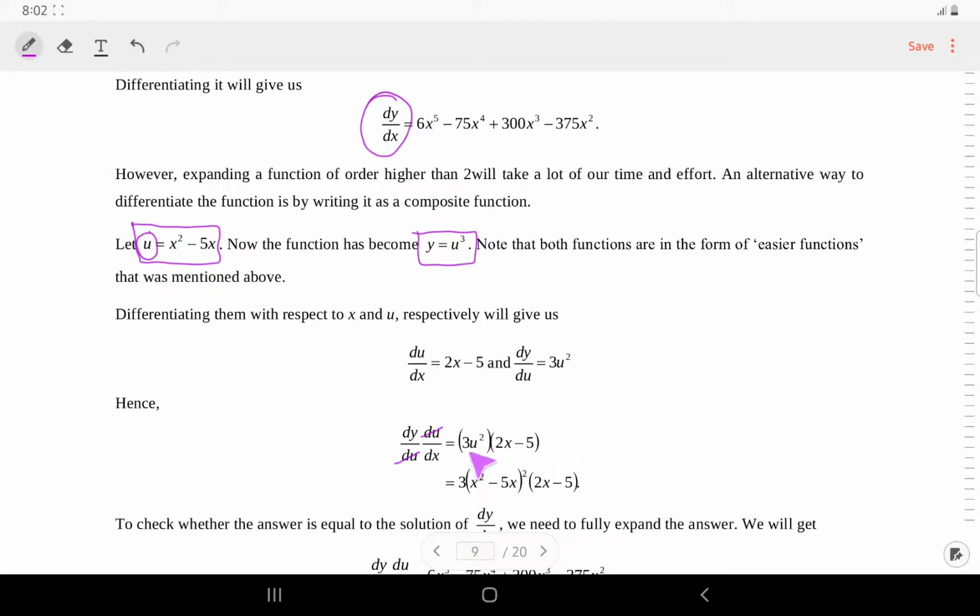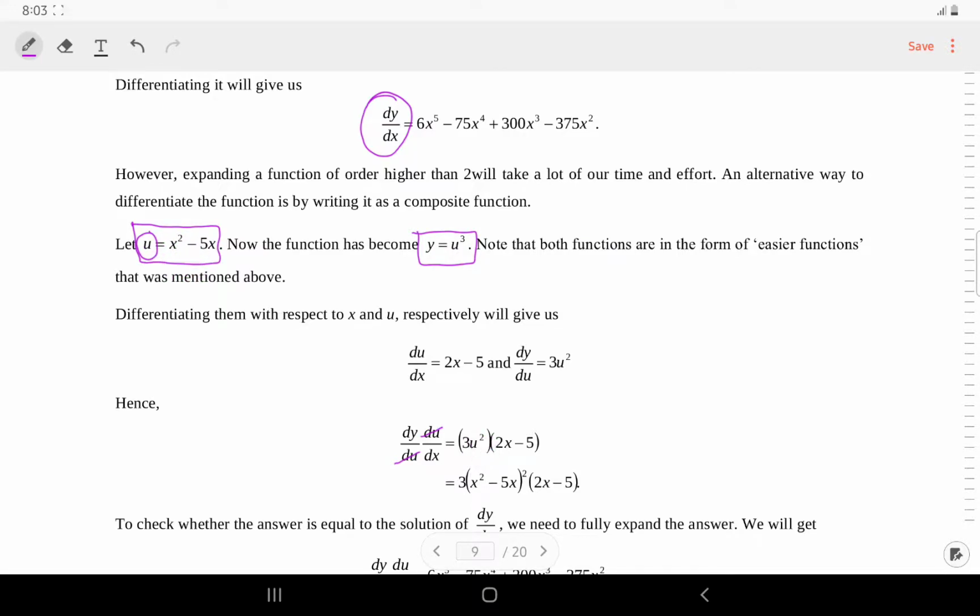So when we multiply these two differentiations, meaning 3u squared multiplied with 2x minus 5, you need to change it back into our assumption just now.